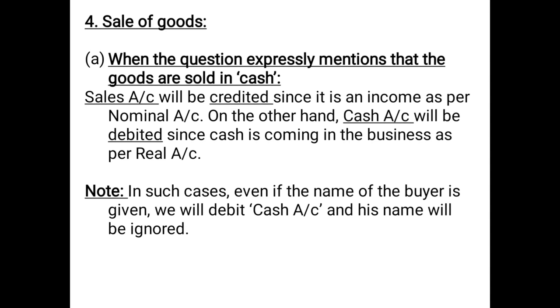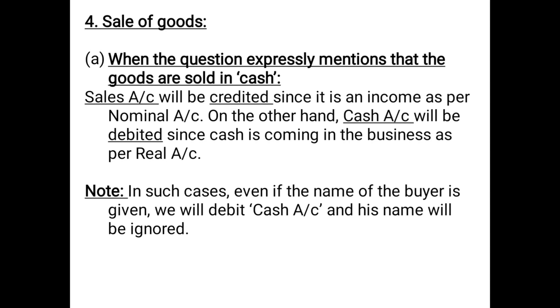So cash account will be debited and sales account will be credited. So we have got both the aspects, which is to be debited and which is to be credited. We can frame the entry: cash account debited, with whatever the amount is in the debit column, adjacent to cash account, to sales account, and the amount will be posted on the credit side.